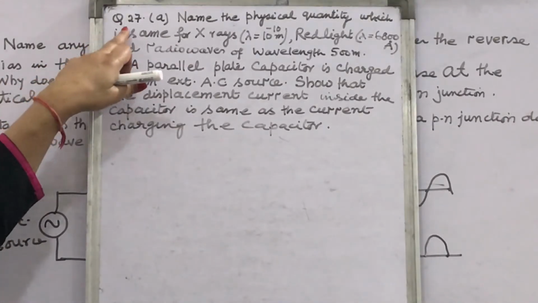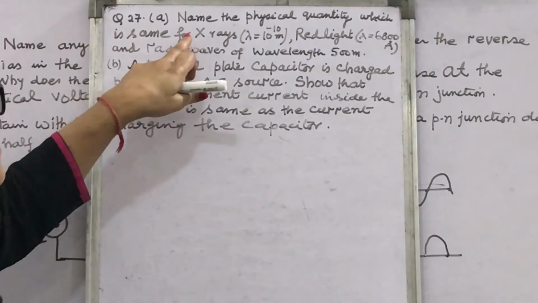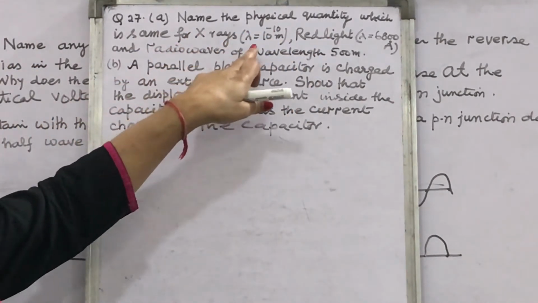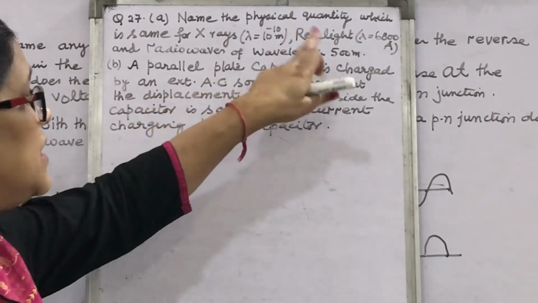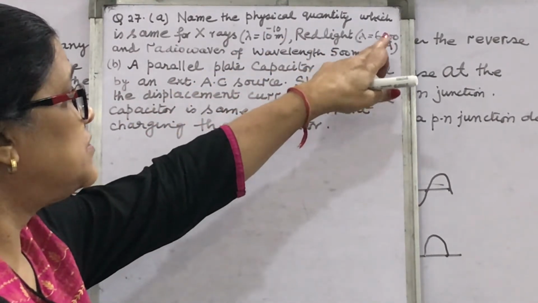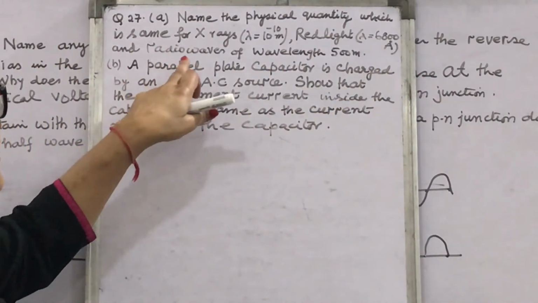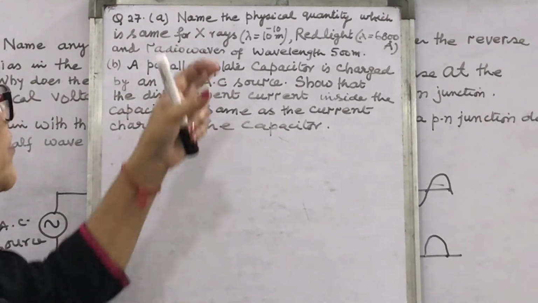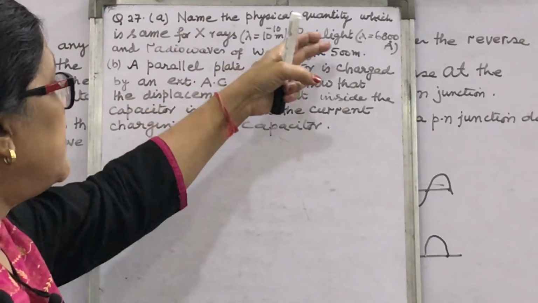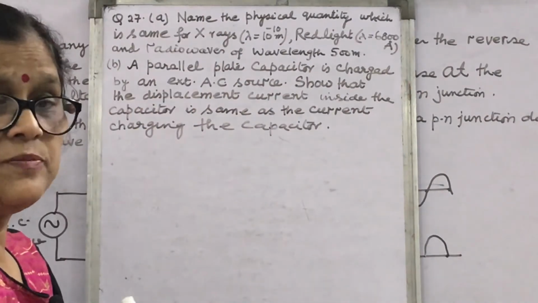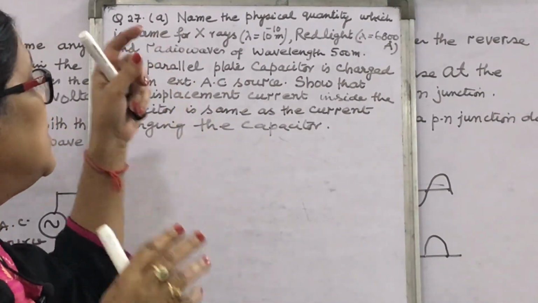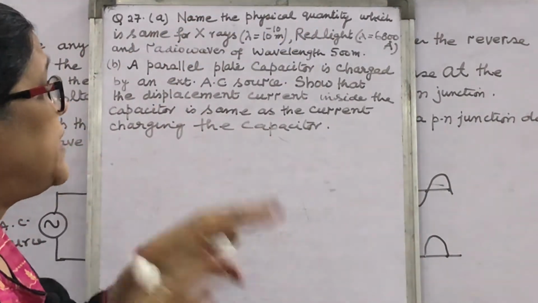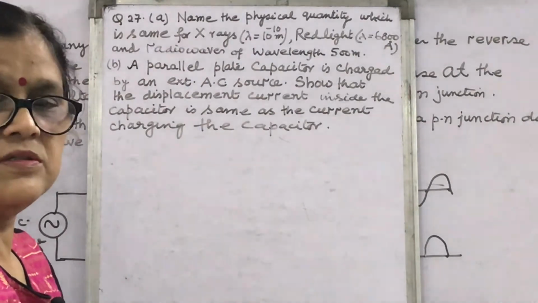Next question is question 27. A part: name the physical quantity which is the same for X-rays of wavelength 10 to the power minus 10 meter, red light of wavelength 6800 angstrom, and radio waves of wavelength 500 meter. You will read these wavelengths in the electromagnetic spectrum, but the question asks what physical quantity is constant, the same in all these three waves.